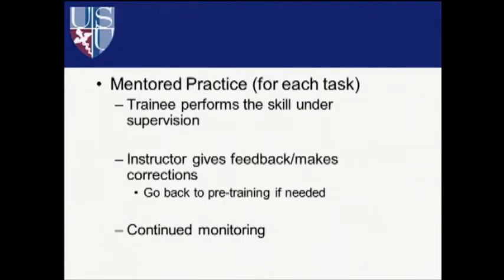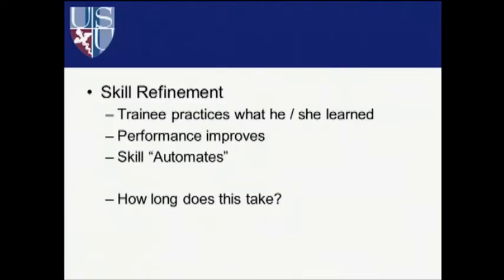The mentored practice phase, again, very important. You're watching them, like Jerry alluded to, giving feedback, making corrections, and monitoring them until you're confident that they understand the skills enough that they can get into that skills refinement phase on their own. And then the deliberate practice or the refinement phase, the trainee basically can practice what they've learned in the prior steps.